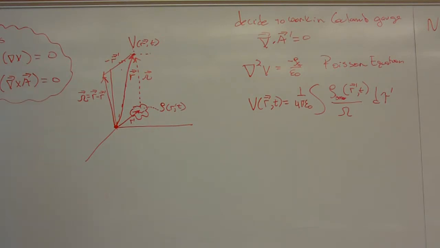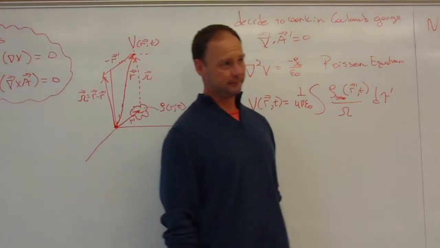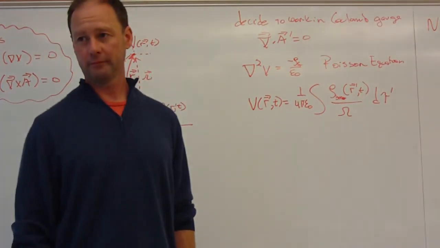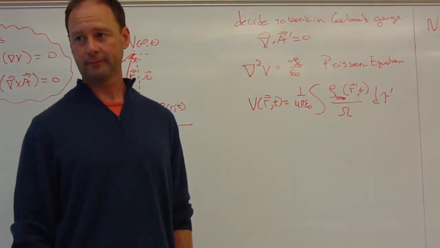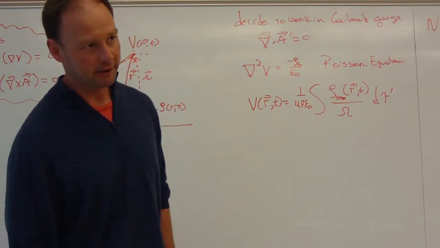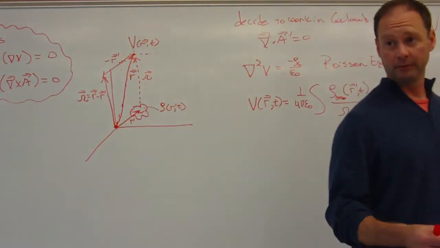Okay, so that's it. And then what is dV, the d tau? We're summing over the whole volume of that blob, whatever that blob is. In Cartesian coordinates, it'd be dx prime dy prime dz prime.